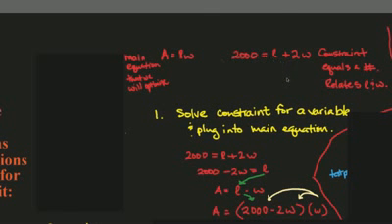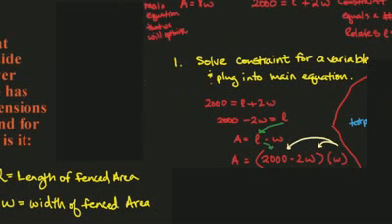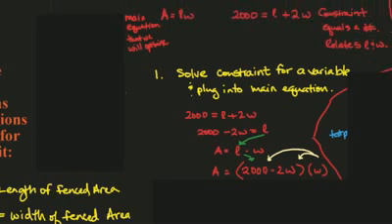So if I were to do that, L is easier to solve for. I won't have any fractions, so I just subtract the 2W on both sides, and then I plug L in for L in the area equation. Okay, so you see how the constraint helped us eliminate the extra variable. Now this is a one variable equation, and you should be able to derive it.